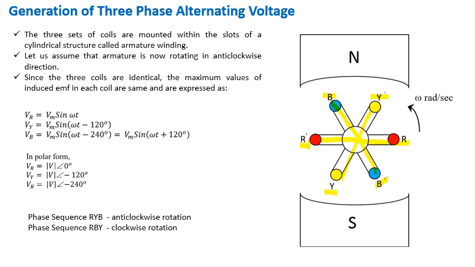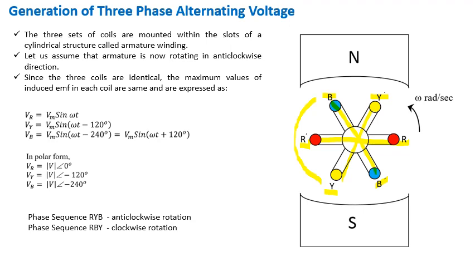It means the Y coil is electrically 120 degrees apart from R, and the B coil is electrically 120 degrees apart from Y. So there is an electrical phase difference of 120 degrees between R, Y and B.